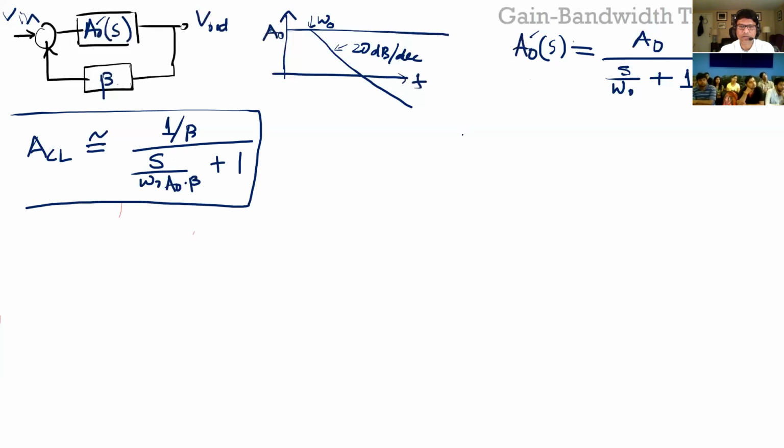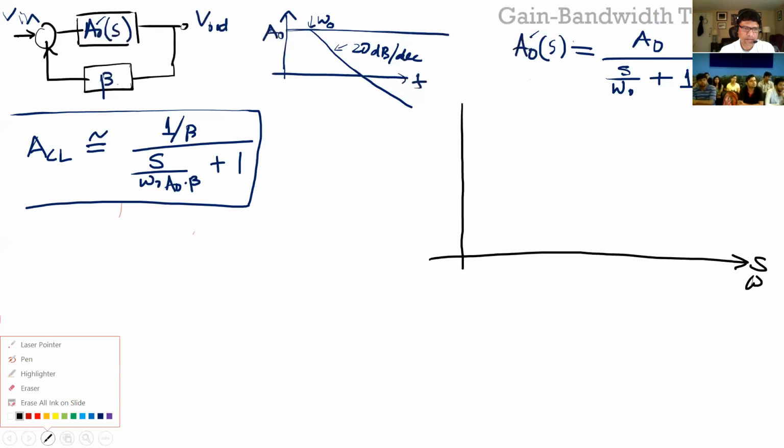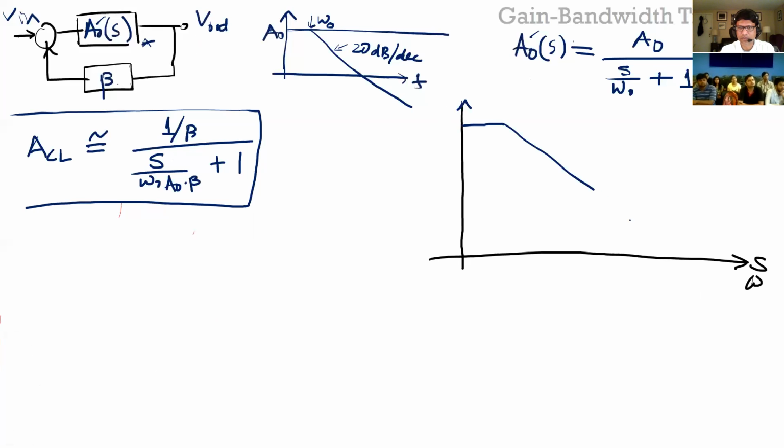Okay, so if I draw the entire picture now, this is S or F, whatever you want to write it out, or just omega. For the open loop amplifier, this amplifier over here, you started with A naught and you rolled off, right?